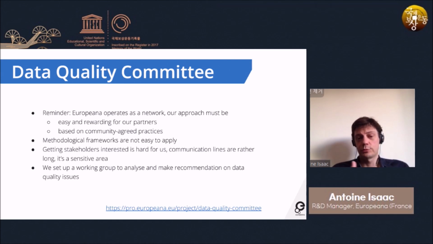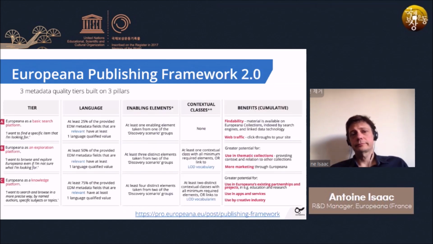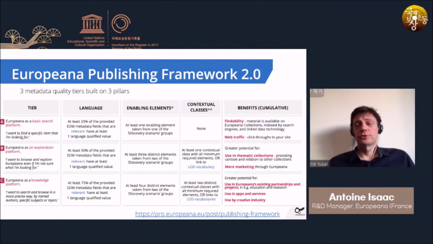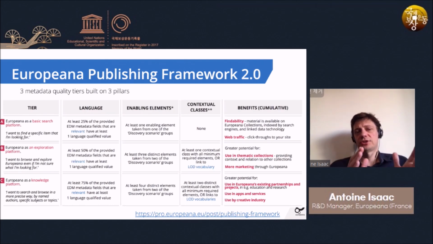So we have set up a working group to make recommendations on how to go further than the basic data validation. And the first result that we had was an extension of this system of quality tiers that I've mentioned. So it's not only on content now, it's also about metadata. So we have identified three main pillars of metadata quality on which we want to measure progress.